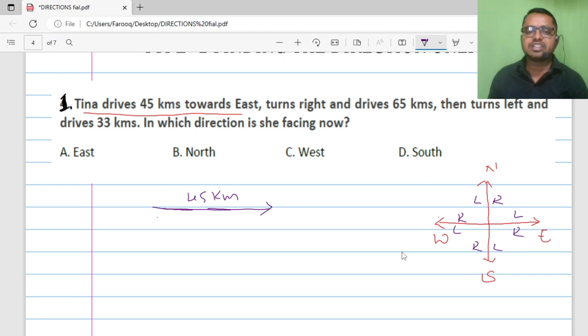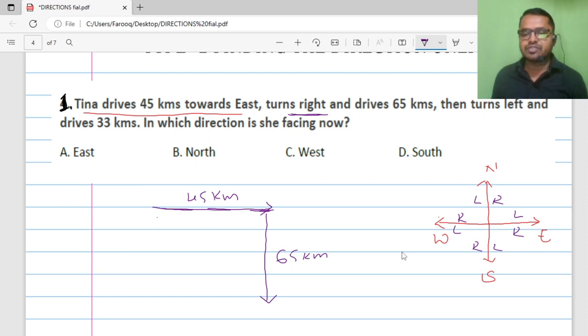She takes the turn. She takes a right turn. From east, right turn means below. And she moves 65 kilometers, and then turns left from this.